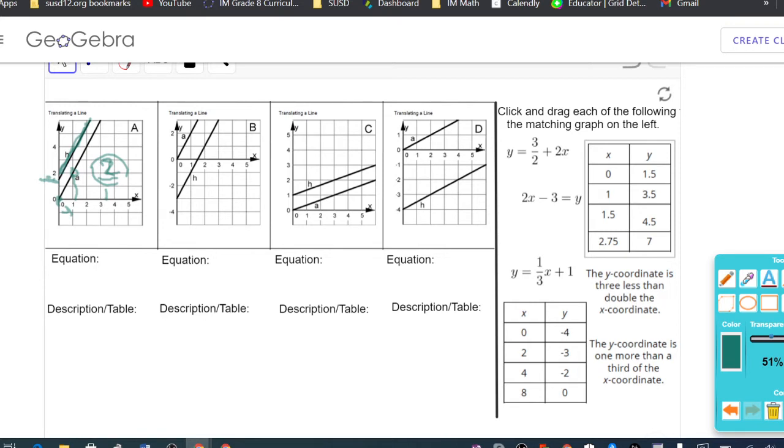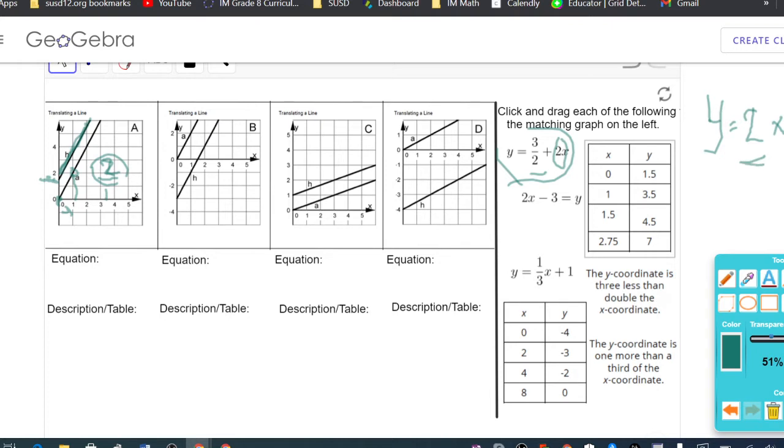Can you find the equation of this line? It has a slope of 2. This line has a y-intercept of 1.5. Take a look at that line here, this one. The equation is, I'm going to rearrange this, the equation is y = 2x + 3/2.